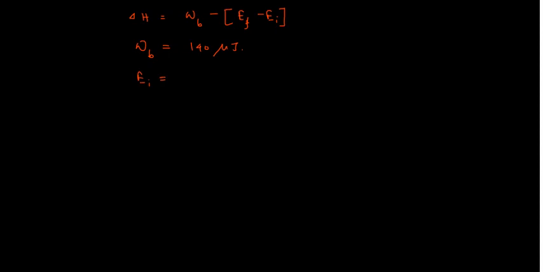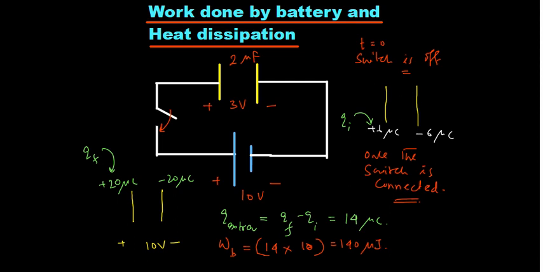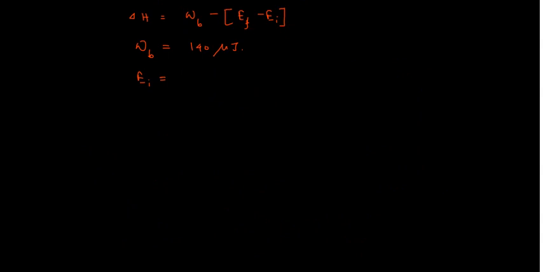The initial charge on the plate was 6 microcoulomb and the capacitance is 2 microfarad. Since it is not connected to the battery, I will take Q square by 2C, so half into 6 into 6 divided by 2. This is 3, this is also 3, so that is 9 microjoule. Is that clear? Q square by 2C.